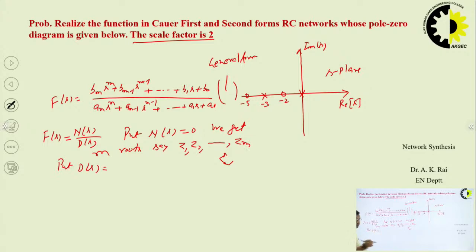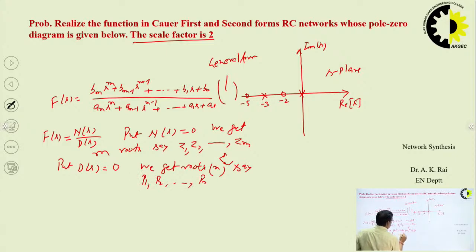Put Ds equal to 0. If you equate the denominator polynomial to 0, it becomes an equation, and we get N roots, say P1, P2, up to Pn.